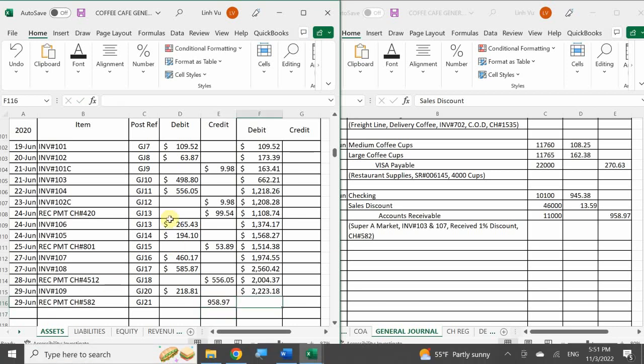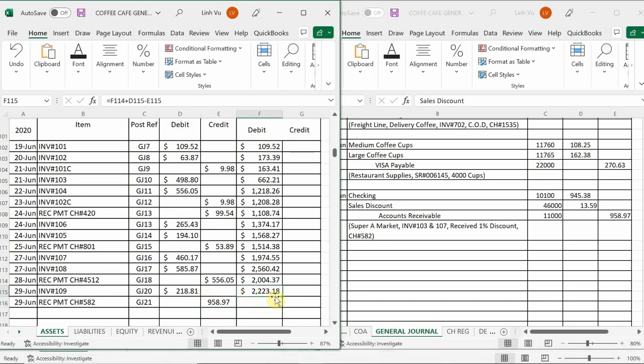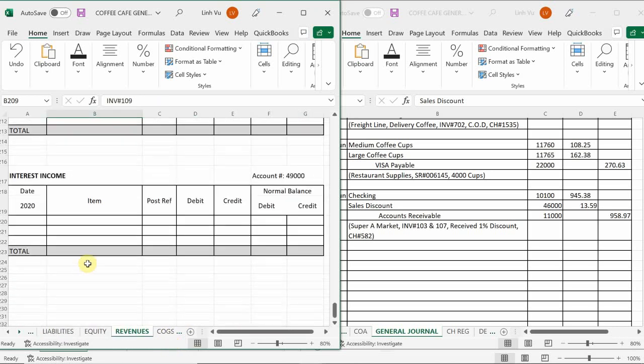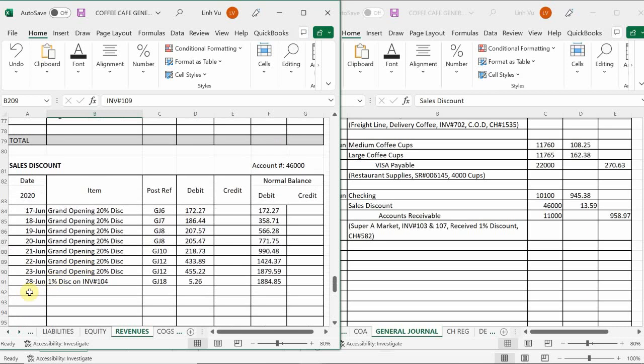So that's going to bring accounts receivable down to $1,264.21. And of course, I gave a sales discount, so I need to record this one.